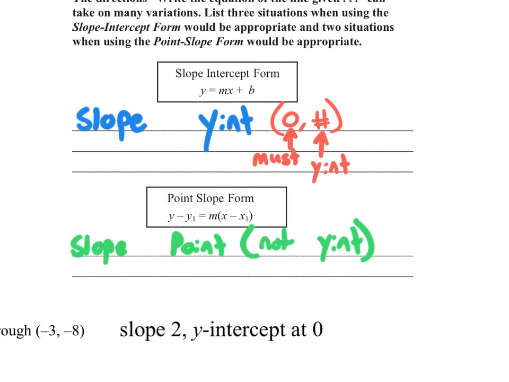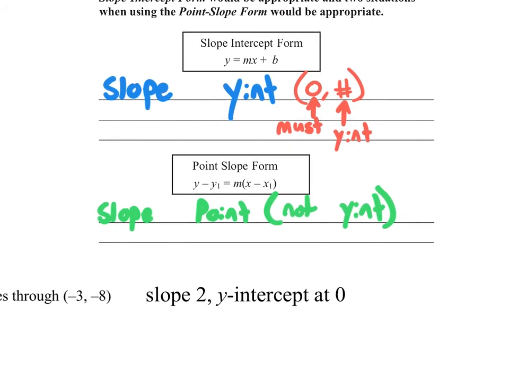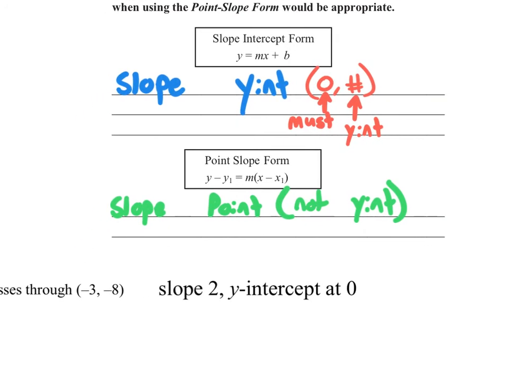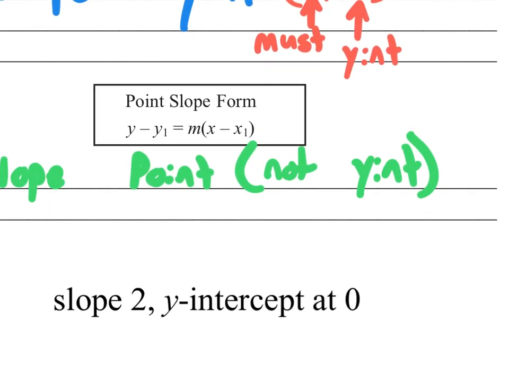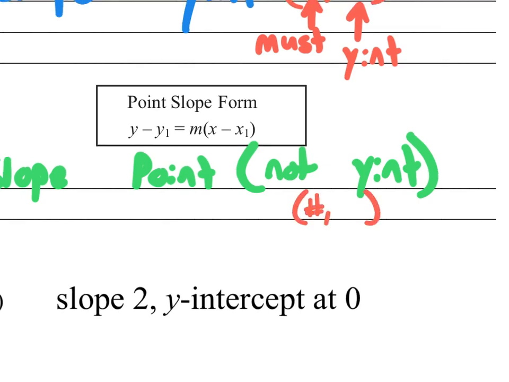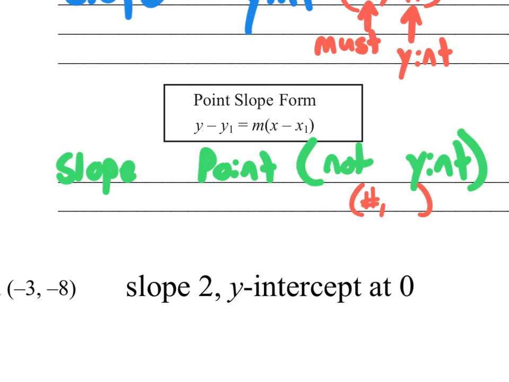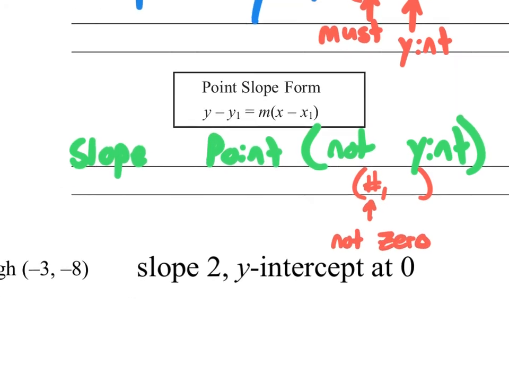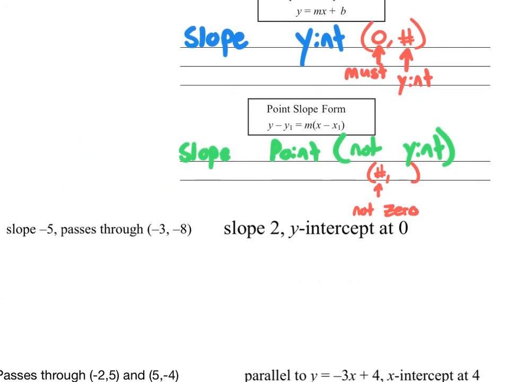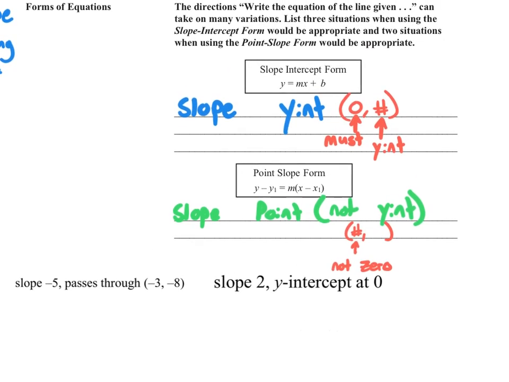So if you're given any other point, such as any number except 0, you will want to use point slope form. And we'll go through and get the practice on these, but this is the reasoning behind using the different forms.